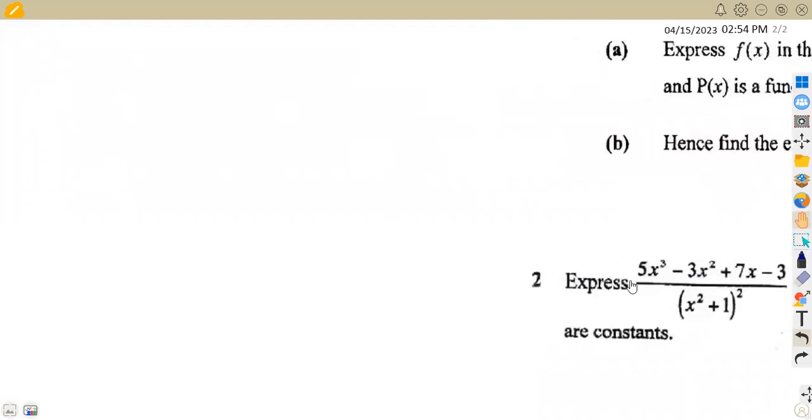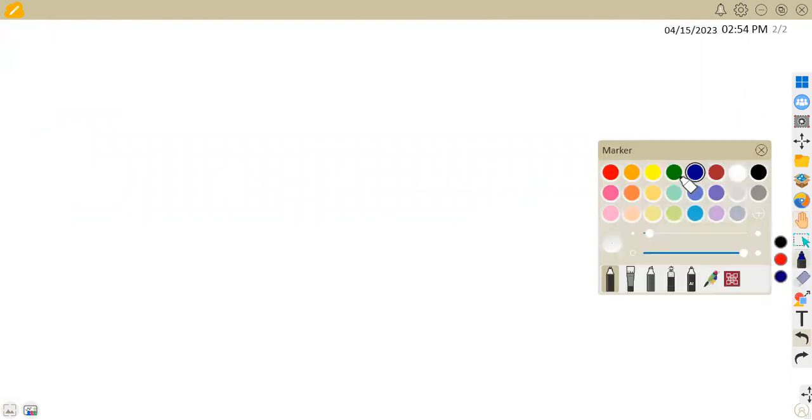So sometimes when you're given questions from these past exam papers, they try by all means to give us a certain hint on that question. All right, so that's our question 2.